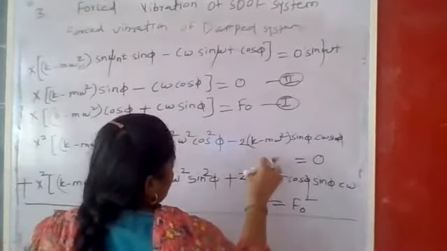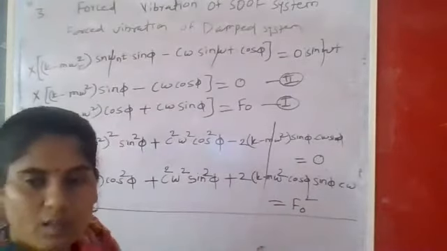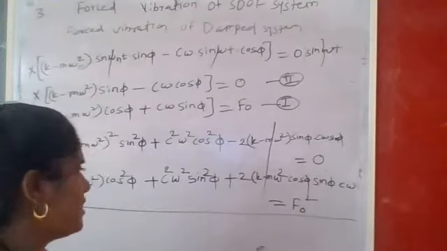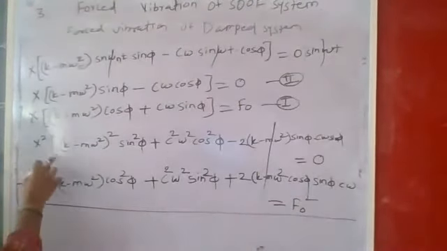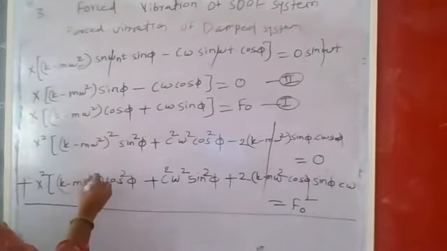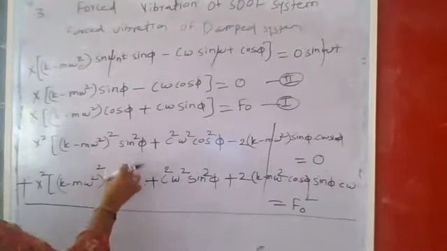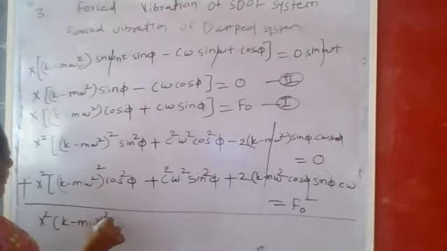Based on this and this, both the twice ab terms will get cancelled because of the plus and minus sign. You can see here in this equation there is X square (k minus m omega square) bracket square into sin square and cos square. Sin square plus cos square is 1. So the remaining term is X square into bracket (k minus m omega square) bracket square.